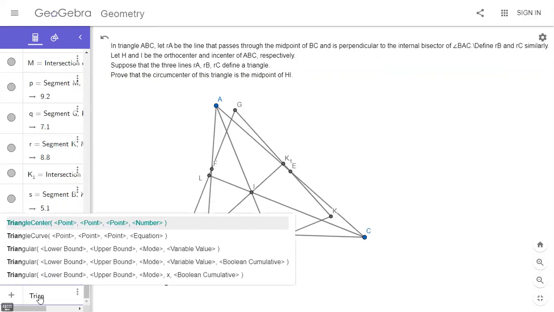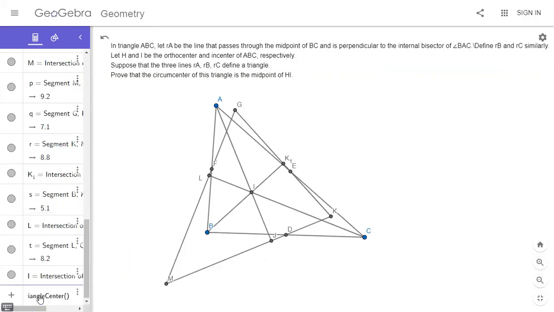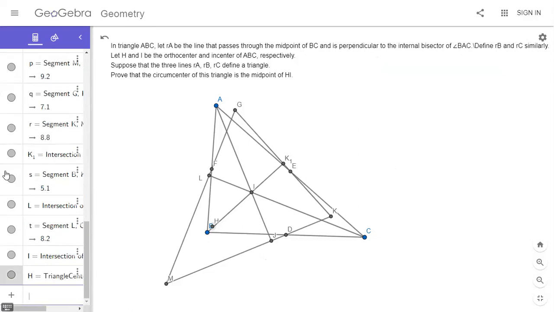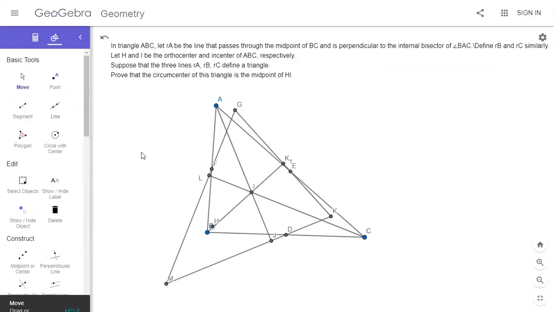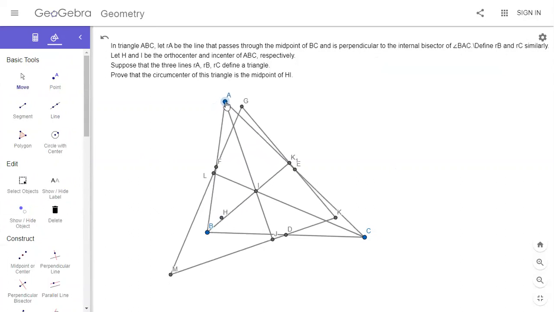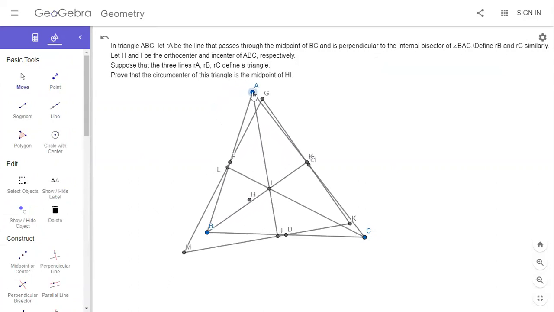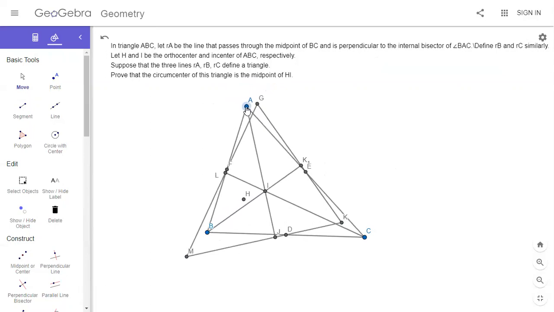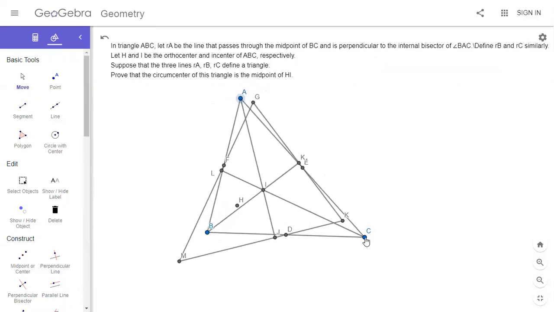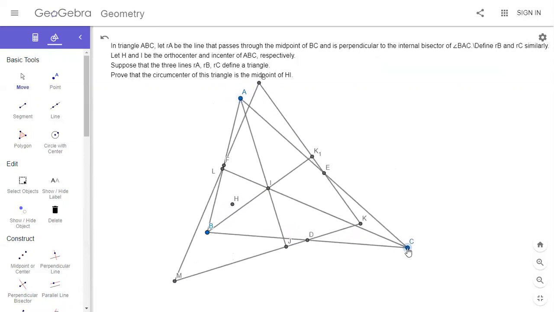So I could just do this, triangle center. I think it's ABC4. So the orthocenter is way in the corner right there. Oh my gosh, what a tricky drawing, yeah.